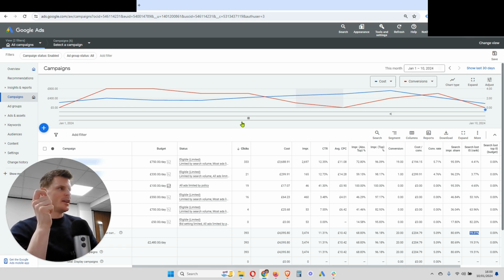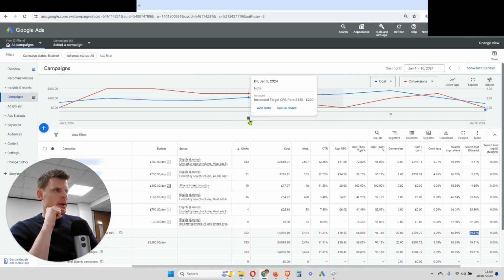That's the reason we're testing. If we look at this as an example, after making the adjustment of increasing that target CPA, have we seen additional conversions generated within the account? We can look at the data for that.